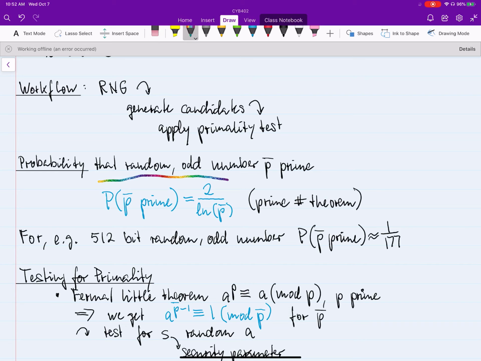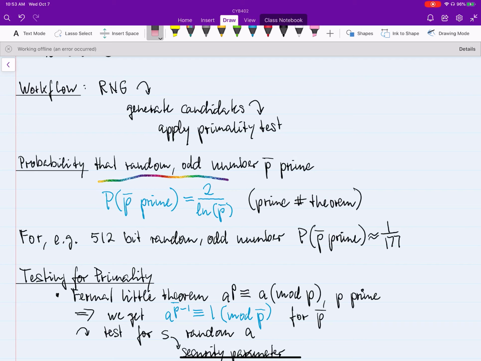So for 500-bit random numbers, odd random numbers, the likelihood that a number in that range at that size is prime is 1 over 177. What that means is it takes about 177 tries to check numbers until you have hit, on average, a prime number.